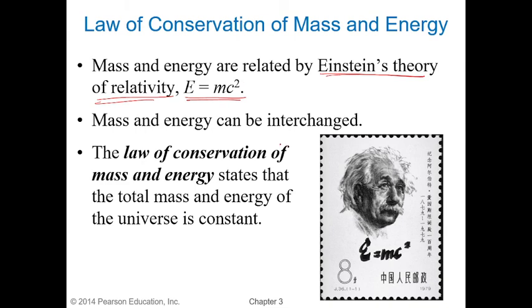So now there's a combination of the two laws from earlier: the law of conservation of mass, according to Lavoisier, and the law of conservation of energy. So we can combine the two as the law of conservation of mass and energy. And it states that the total mass and energy of the universe should always be constant.